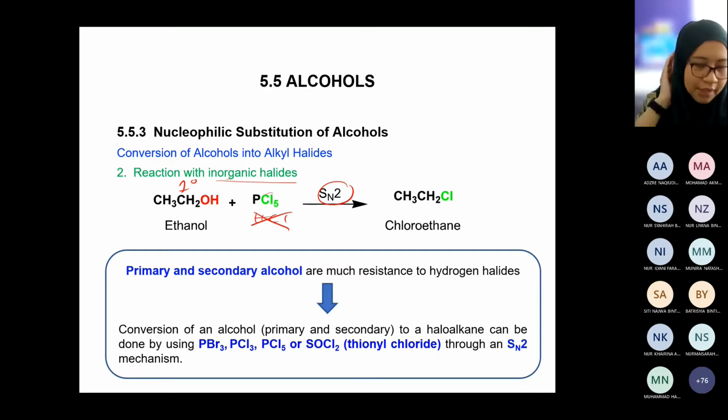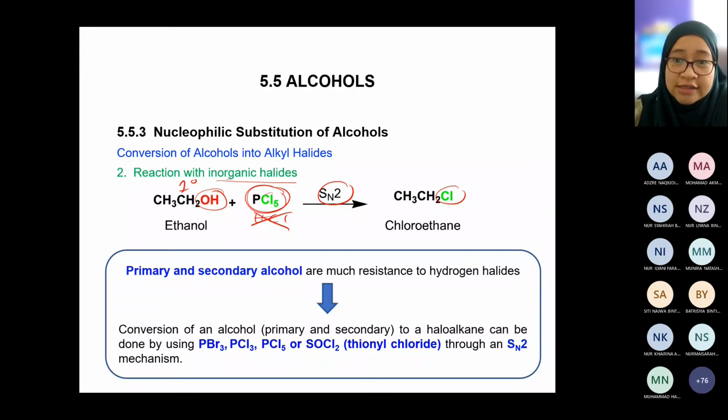SN2 dia attack from opposite side. Dia kena attach itself to the carbon. So it need to use something that is more powerful than the hydrogen halide just now. Okay, tapi at the end of the day, OH ni ganti je dengan Cl. Cuma reagent use need to be suitable reagent lah.